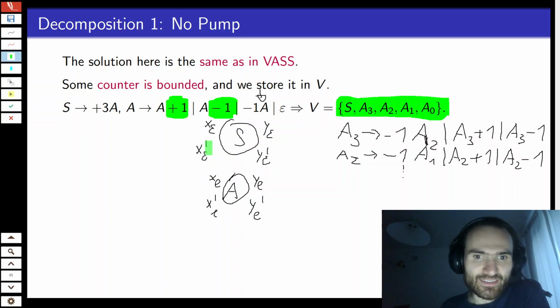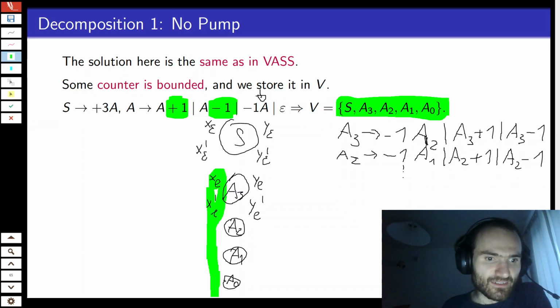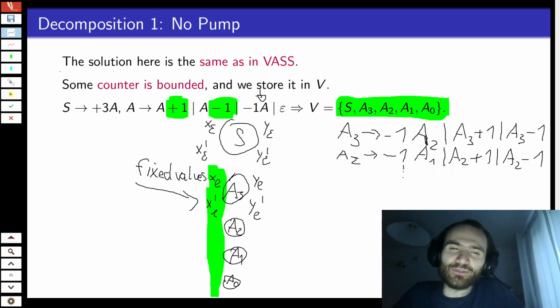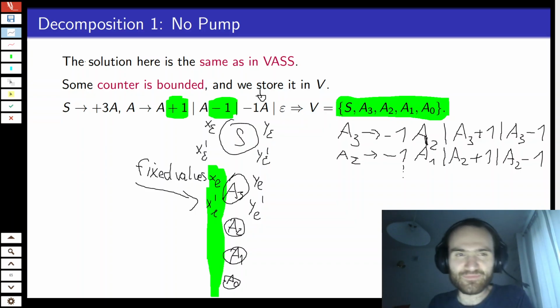Then what happened is, first of all, you expanded this into now 4 non-terminals: A3, A2, A1, and A0. But more importantly, these variables here now have fixed values. On the right-hand side, you don't have fixed values; you continue to have your counter. It's only the left-hand side where your counter is bounded, and hence only the left-hand side where your counter does not exist anymore.